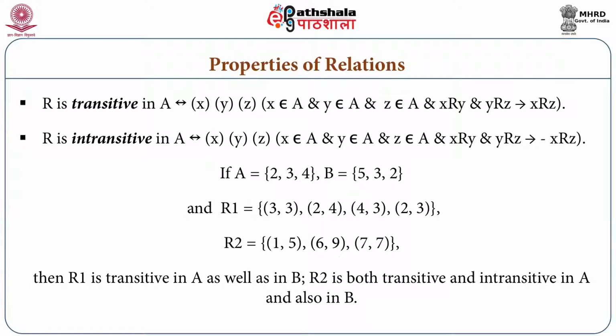By default, it is satisfied. (6, 9), no pair is starting with 9, so it is also gone. (7, 7), yes, but 7 is not a member of either A or B, in which case we cannot proceed. So it is interesting to say that relation R2 satisfies the condition of transitivity, even with respect to both sets A and B.